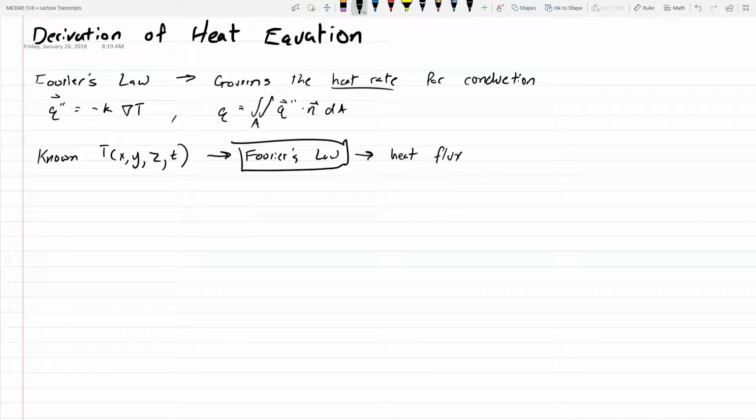We march into a problem, and it's very rare that we have a perfect functional description of the temperature throughout a three-dimensional domain in time, or even a one-dimensional domain in time. More often, you are able to measure the temperature at a couple of points, or measure the heat transfer at a couple of points, and you have to fill in the blanks. The heat equation is going to give us the tools to take that knowledge about a few different places or a few different instants in time and turn that into a theoretical description of the way that heat or temperature evolves inside of solids or fluids at rest.